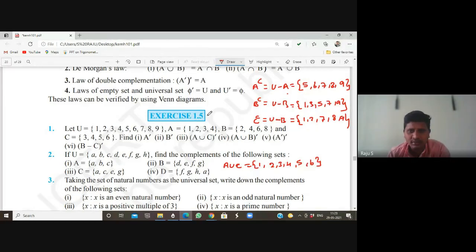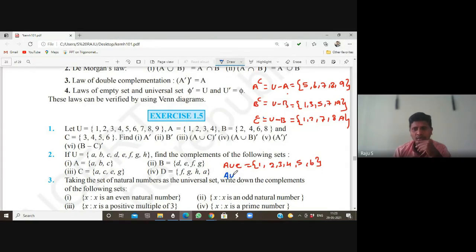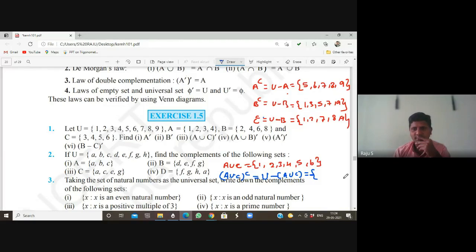Is that right, students? The elements which belong to either A or C or both. Okay, this is A union C. Can anyone tell what is A union C whole complement? Nothing but universal minus A union C. Sir, 7, 8, 9. Other than these elements, 7, 8, 9.